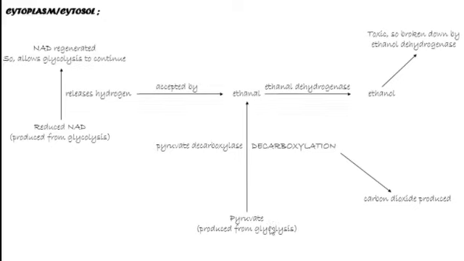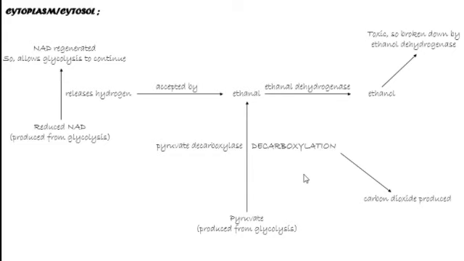The process of anaerobic respiration in yeast starts off with the decarboxylation of pyruvate, which is a product of glycolysis. I have explained the meaning of decarboxylation several times in my previous videos, but for convenience I will briefly tell you what it means.